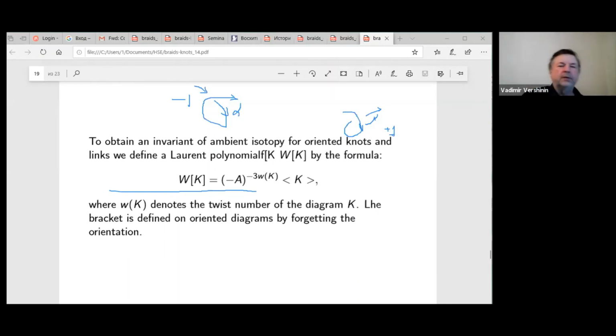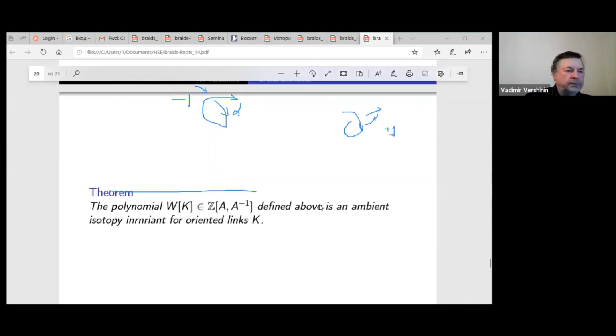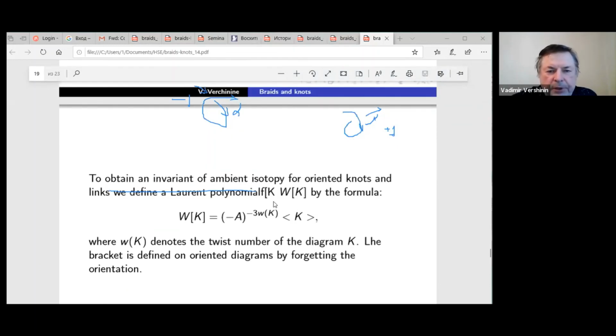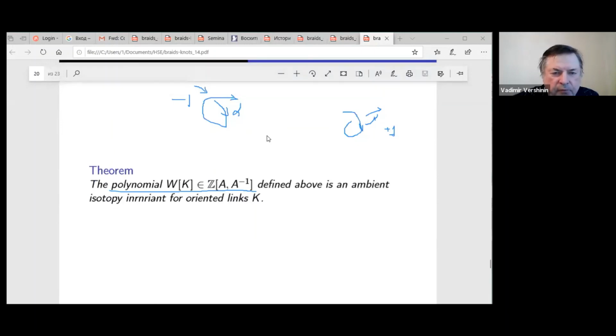And the theorem is the following: the polynomial, which now takes values in A minus 1, as the Kauffman bracket takes values there, and you are simply changing it a little bit, making some correction term which takes into account the Reidemeister move 1.